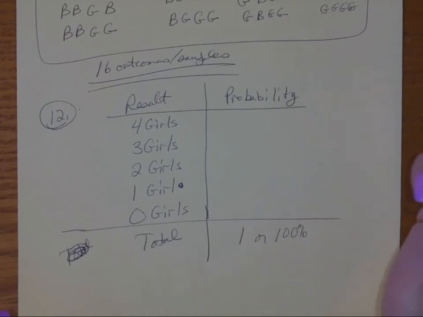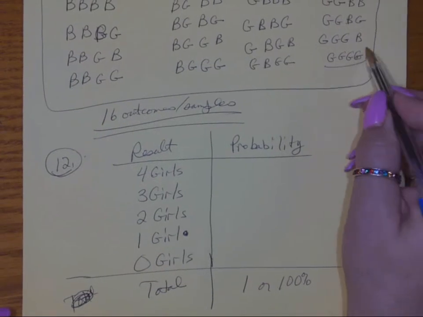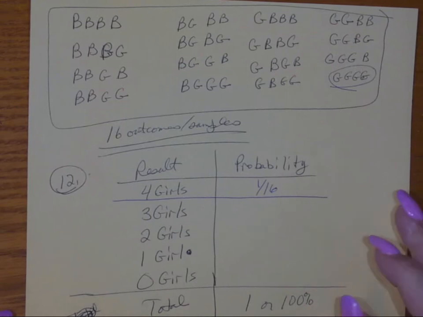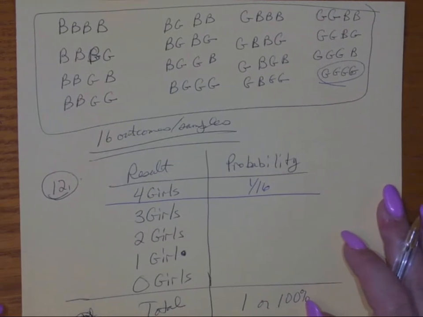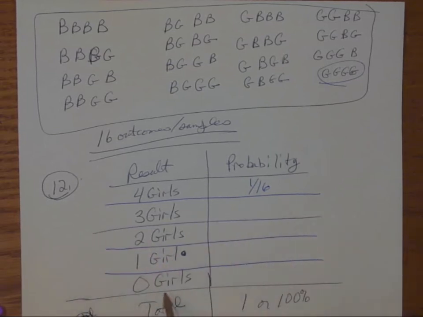Now, what's the probability that they have 4 girls? We already know this one. There is 1 chance out of 16 that you have all 4 girls. Let me go ahead and do the 0 girls one. I'm going to go ahead and draw my lines here. 0 girls. That would mean what?